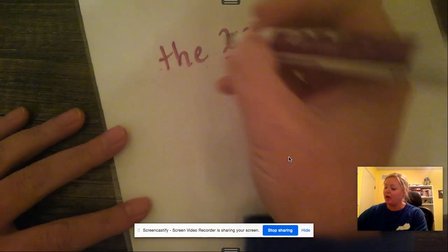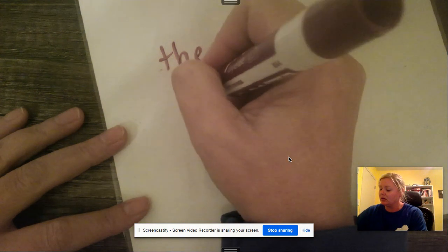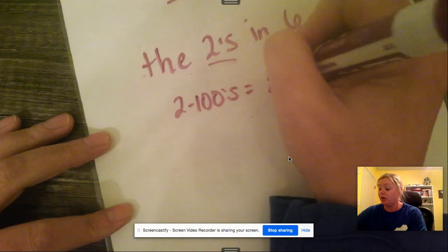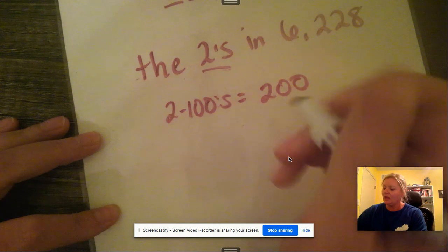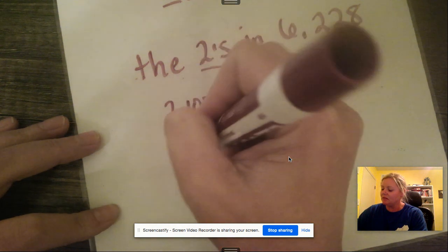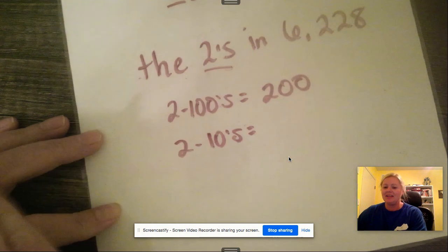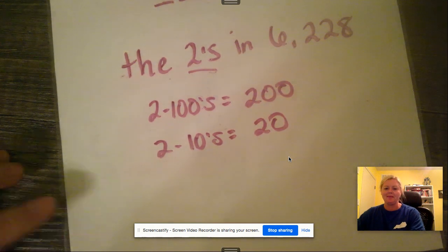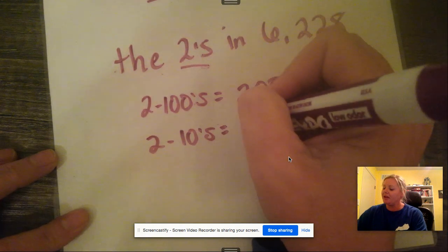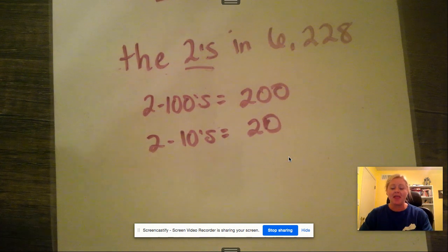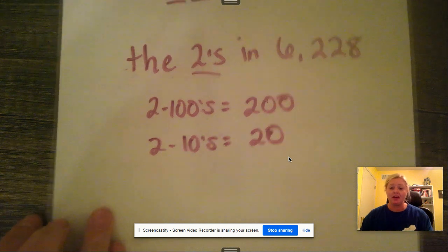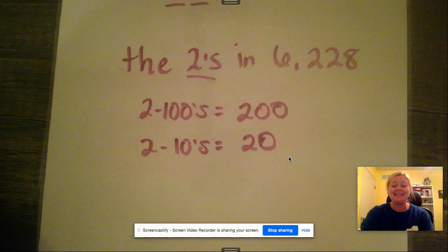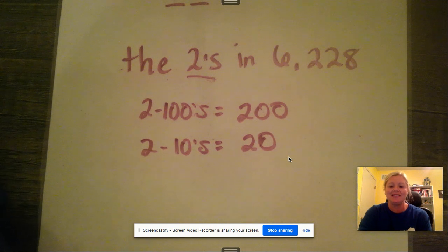Well, 2 hundreds means that I have 200. 2 tens means that I have 20. Okay? Whenever you have two numbers that are the same and they are right next to each other, the value of the larger number will always be 10 times as great as the number next to it.